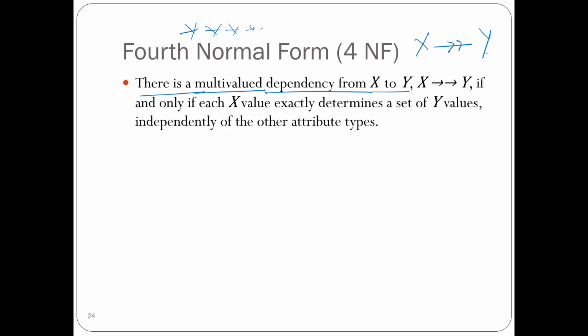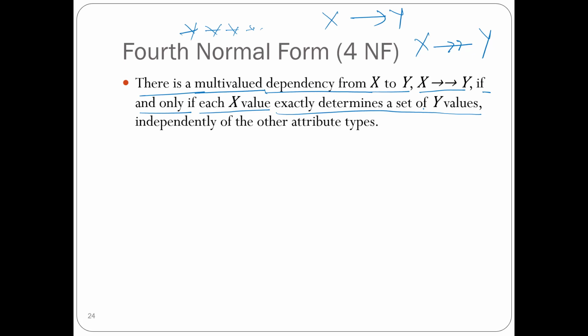For the normal functional dependencies, we had just one single arrow, X to Y. In multi-valued dependency, we use double arrows. There is a multi-valued dependency from X to Y, which we write as X double arrow Y, if and only if each X value exactly determines the set of Y values.